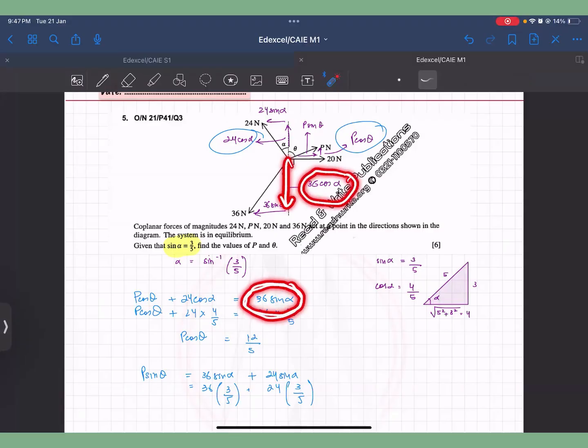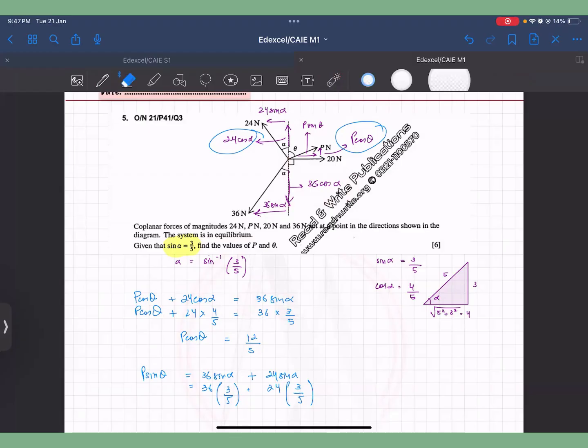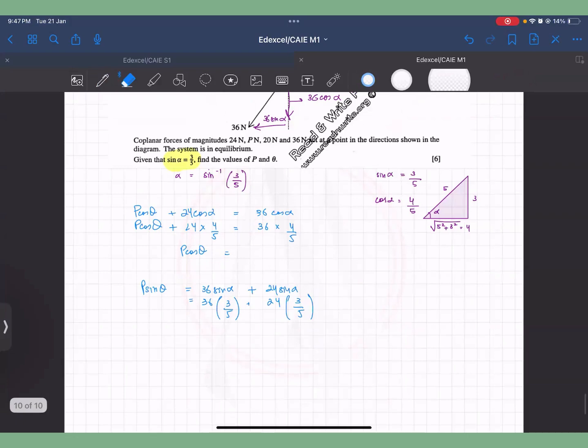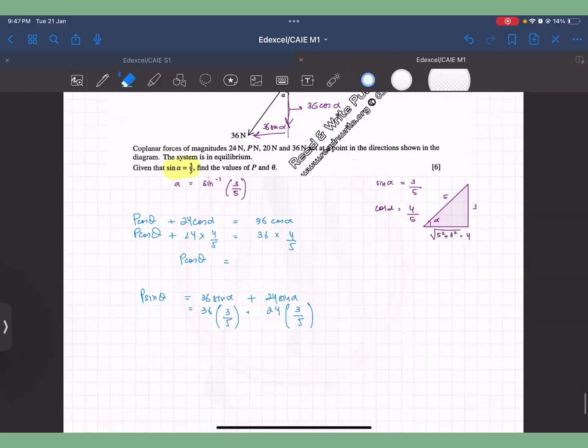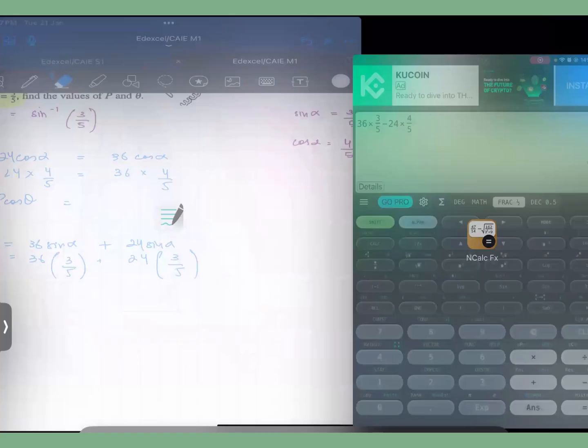Vertically downward is 36 cos alpha. Look, sorry, my bad. This is cos alpha, which is 4/5, and we'll calculate it again. And this is also sine alpha. Now it's good, I think. 24 sine alpha, 36 sine alpha. Yes, now it's good.